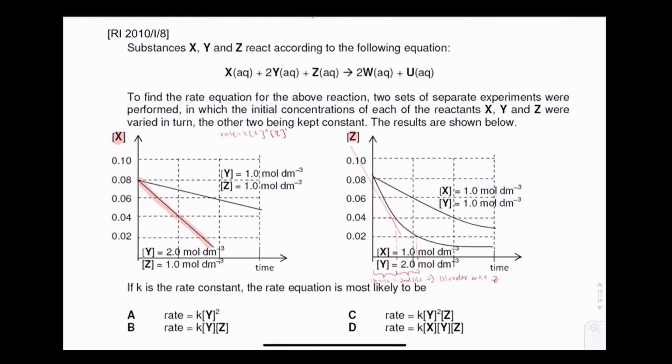I don't like this method. Okay, but I'm going to illustrate it just so you know. So you draw the tangent to the graph at t equals 0, and then, using points available, you calculate the gradient of these tangents.